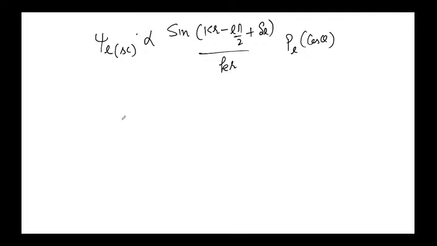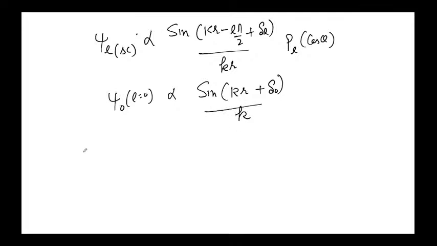So thus the value for S wave scattering, psi_0 when L is equal to 0, is equal to sine of kr plus sigma_0 over k, because this psi_0 becomes u_0 of r, because u_0 of r is equal to r into psi_0 of r.